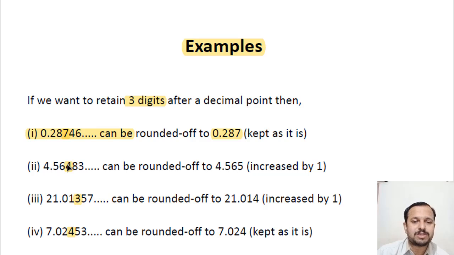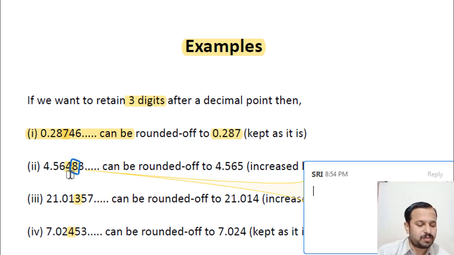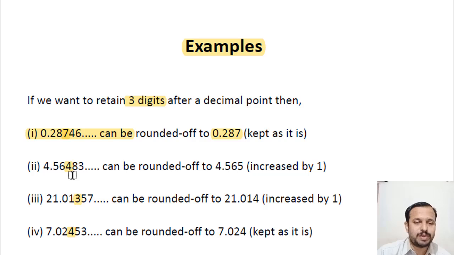The 4 should be made 5 because the digit next to the last digit, that is 8, is greater than 5, so this 4 is to be increased by 1.